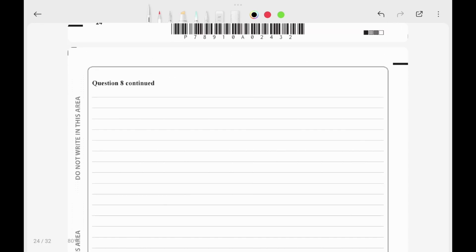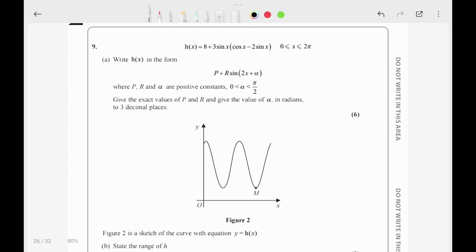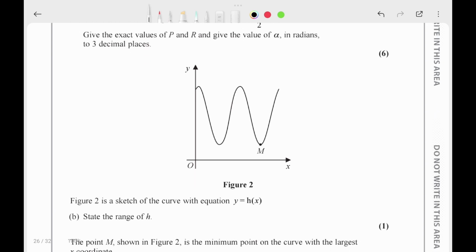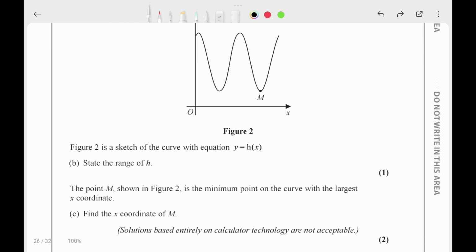So moving on to question number 9. Okay, so for number 9a, we have this equation, and we need to write it in the form of p plus r sine 2x plus alpha. So let's first copy the equation.